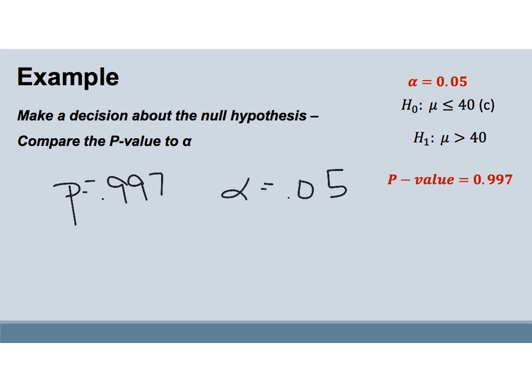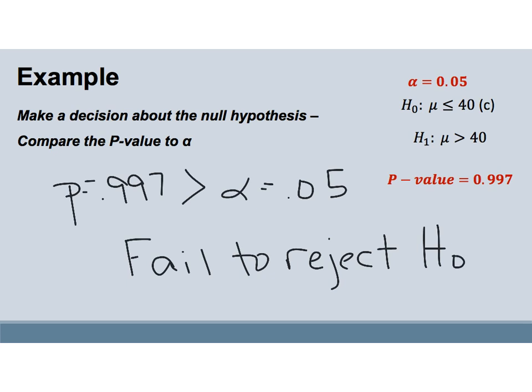Well, 0.997 is much bigger than 0.05, so we fail to reject. And you should always write null. Don't just write fail to reject, but fail to reject the null.